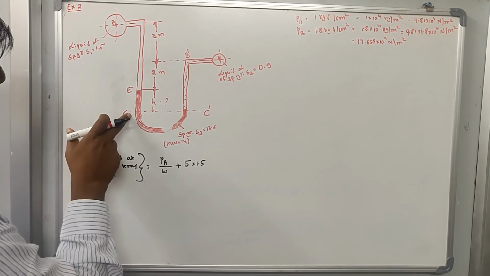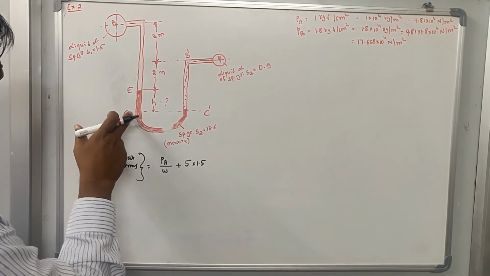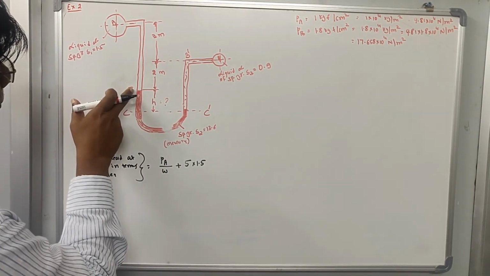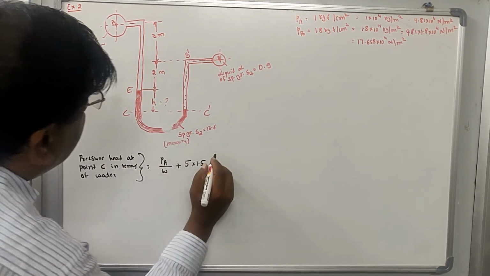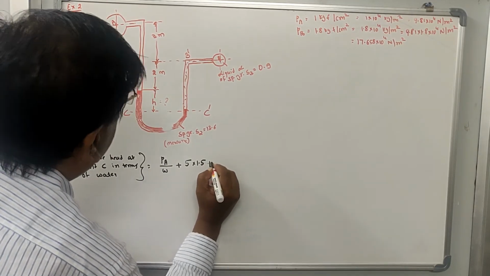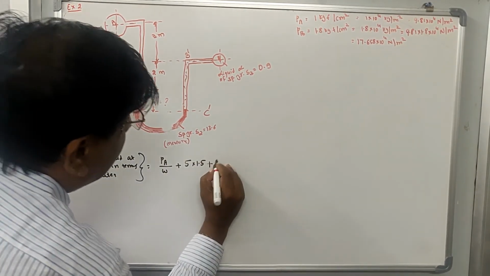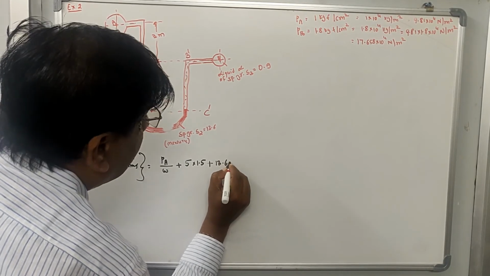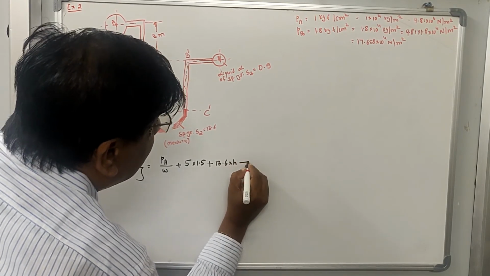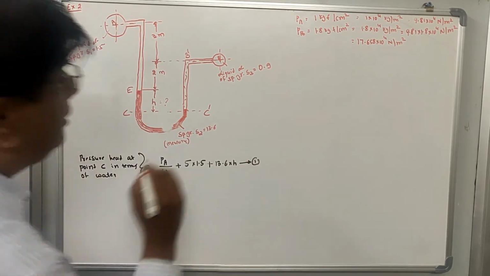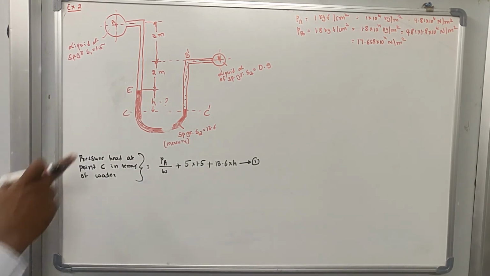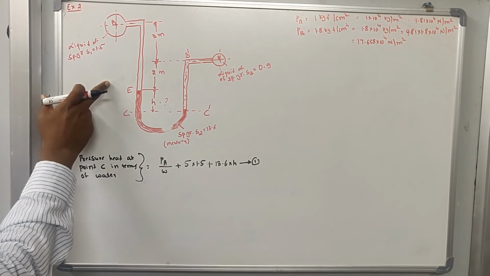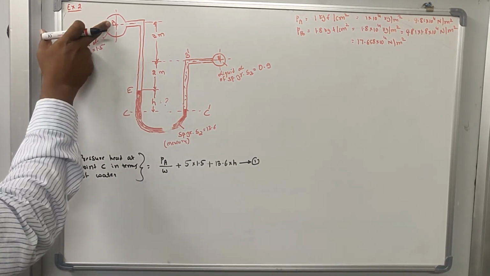Next, the pressure intensity or pressure head at point E. The next level is below this, so it is also plus. Specific gravity of this fluid is 13.6 multiplied by height h. So this is equation 1. Equation 1 gives you the pressure head at point C in terms of water, and our starting point is A.